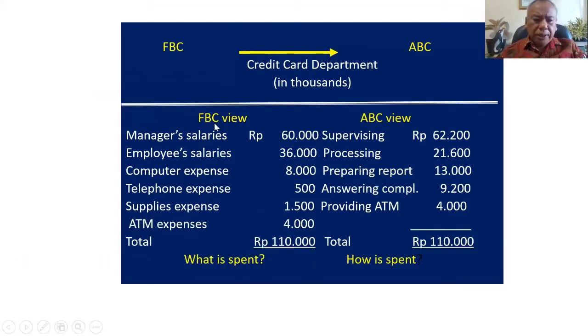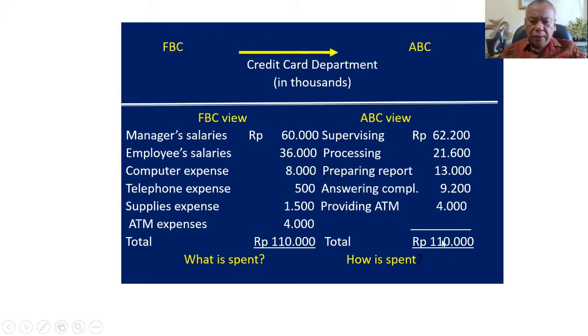In functional-based costing, the cost information is cost resources: salaries, supplies expense, telephone expense, ATM expenses. But in activity-based costing, the cost information is activity cost information: the supervising, the processing, preparing report, answering complaint, and providing ATM.